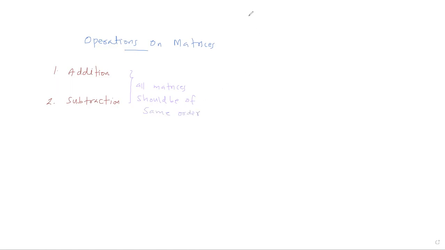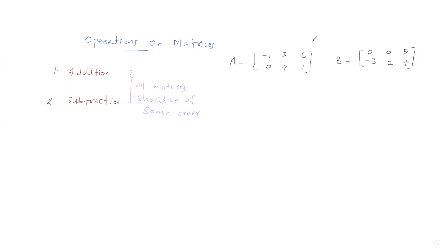जैसे for example, suppose A is equal to -1, 3, 6, 0, 4, 1. So B is equal to 0, 0, 5, -3, 2, 7.